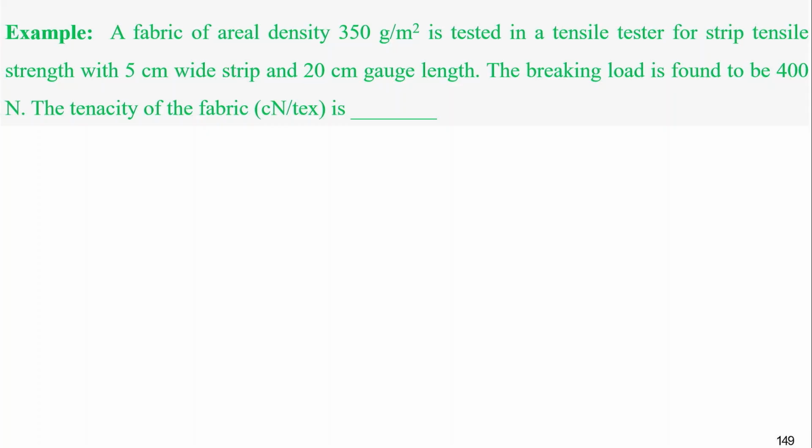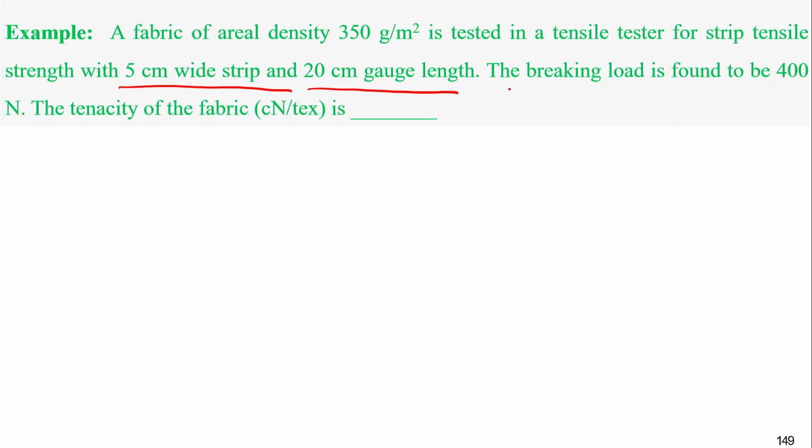Our next numerical is a fabric tenacity measurement. The fabric of areal density 350 gram per square meter is tested in a tensile tester for a strip tensile test with 5 centimeter wide strip and 20 centimeter gauge.